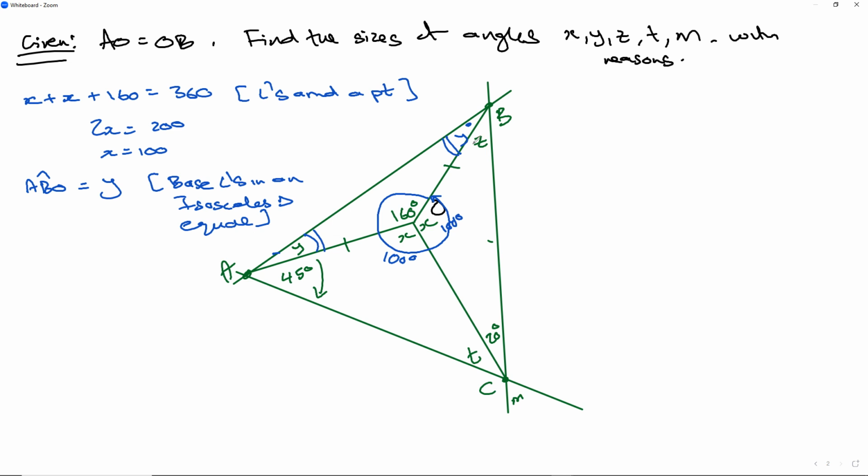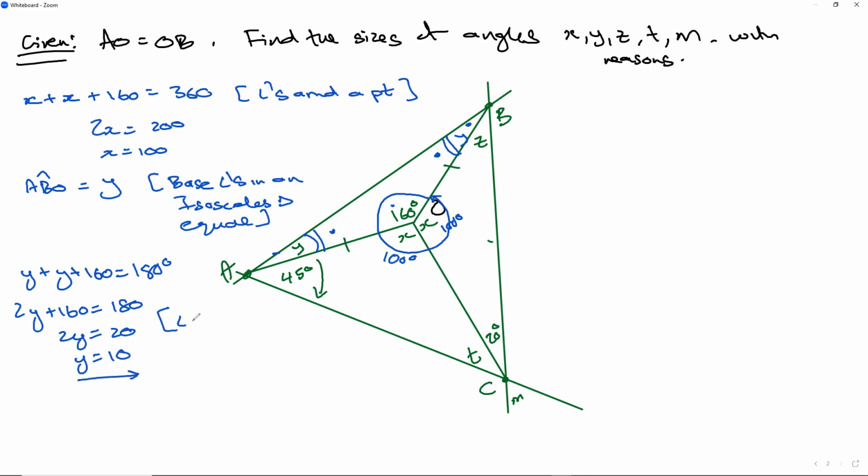All right, so Y plus Y plus 160 equals 180 degrees. So angles in a triangle is the next thing to see. 2Y plus 160 equals 180. 2Y equals 20, and then Y equals 10.